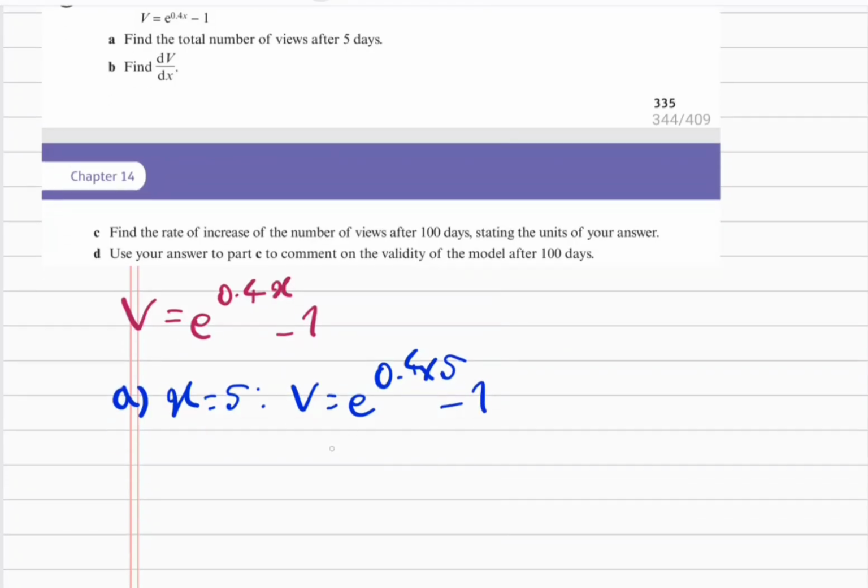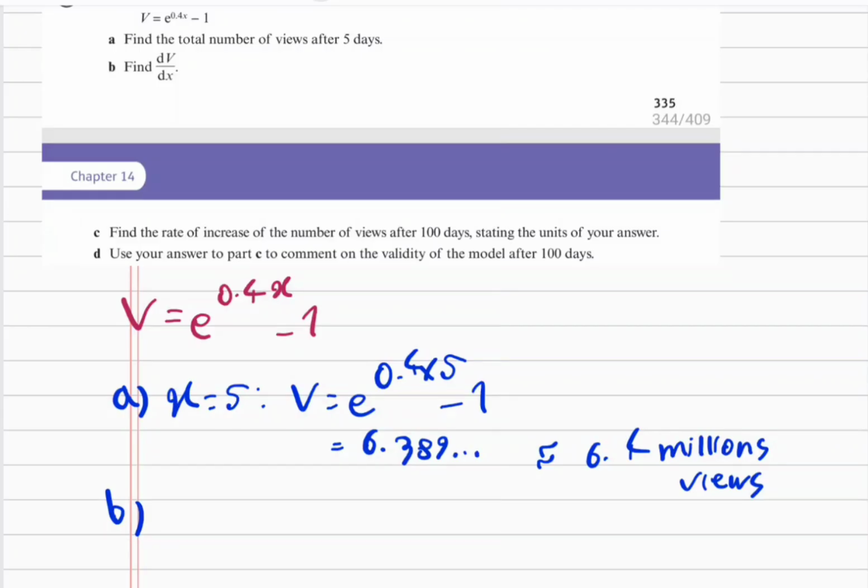And we get 6.389 and some other numbers, but we can round this, right? So this is approximately equal to 6.4 million views, because remember V is in million.